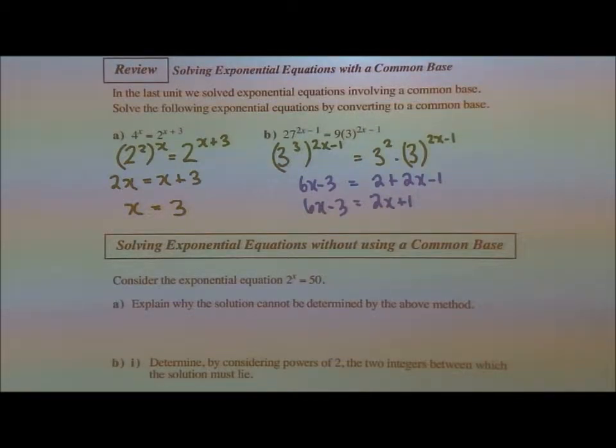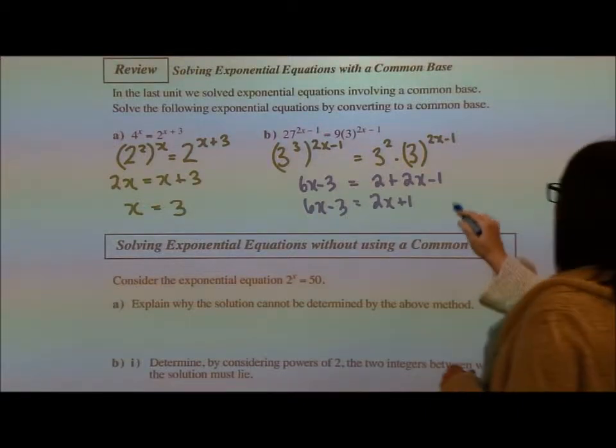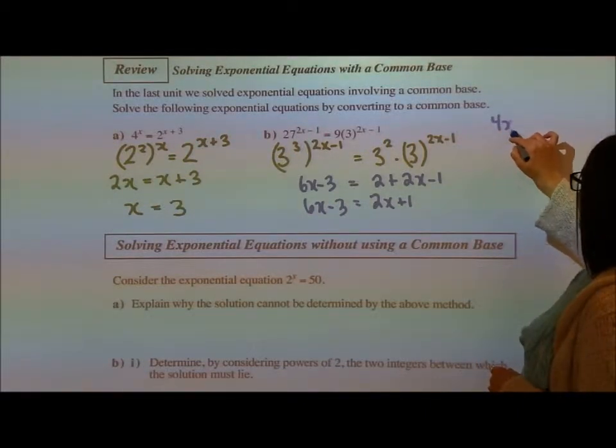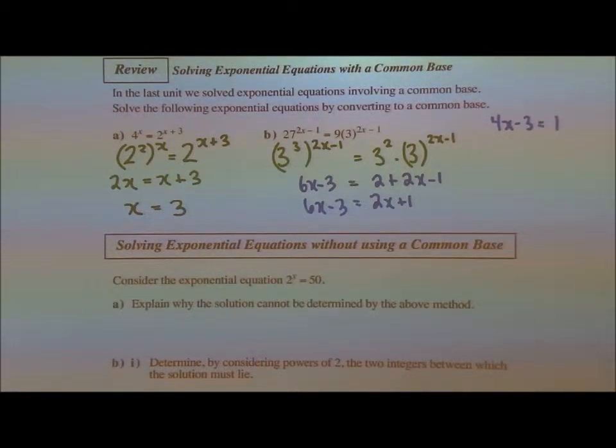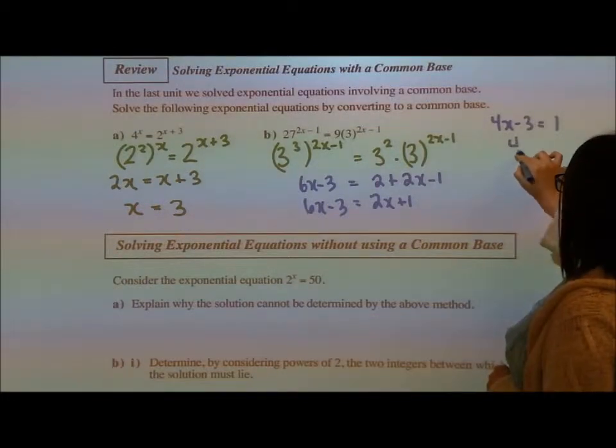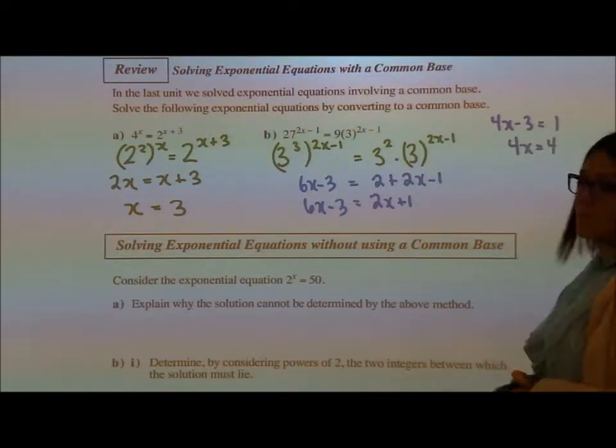Now what? Subtract 2x on each side, so I've got 4x minus 3 equals 1. And add 3. So 4x equals 4.